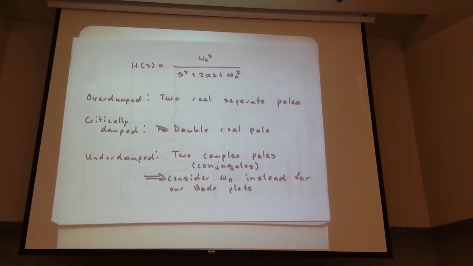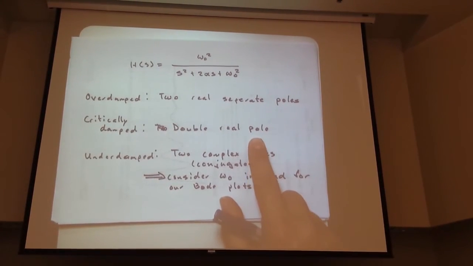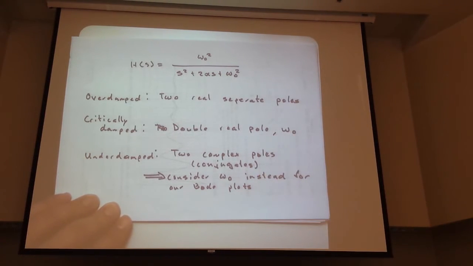We need to consider something that's real. So we consider omega naught instead. Why? Well, this is a double real pole. Where is it? Which is omega naught. So that's our starting point.